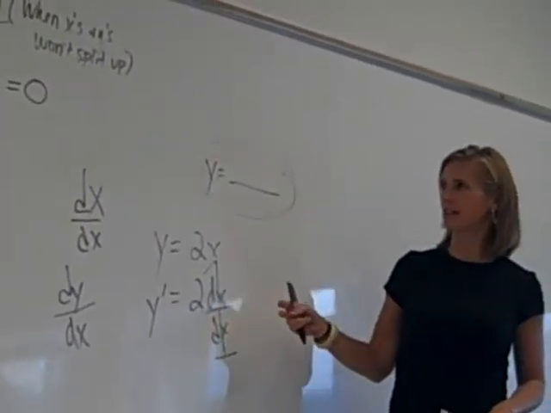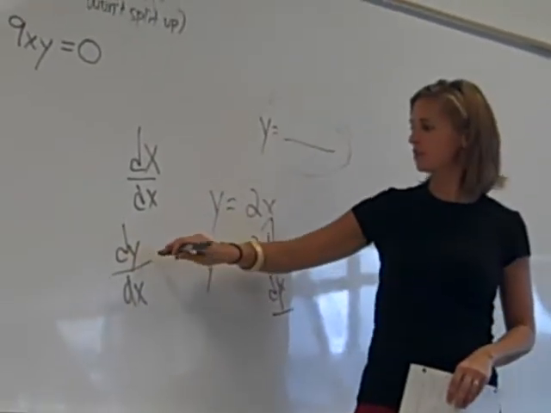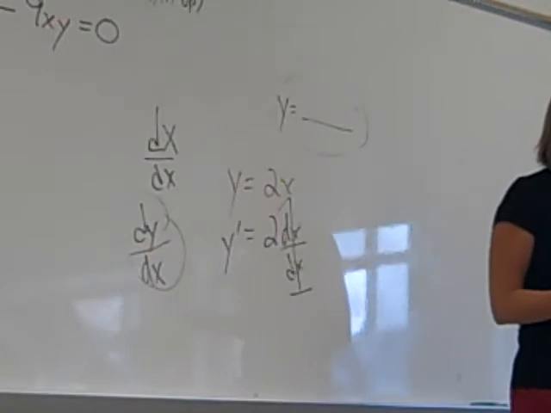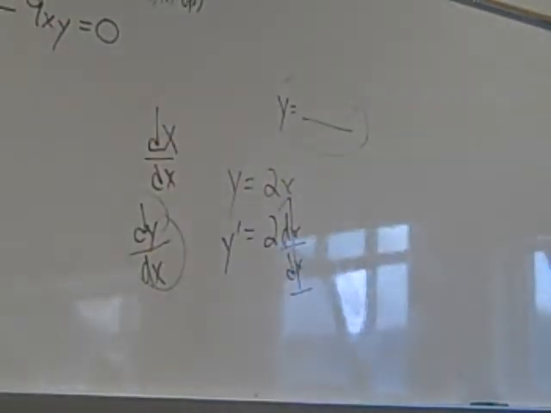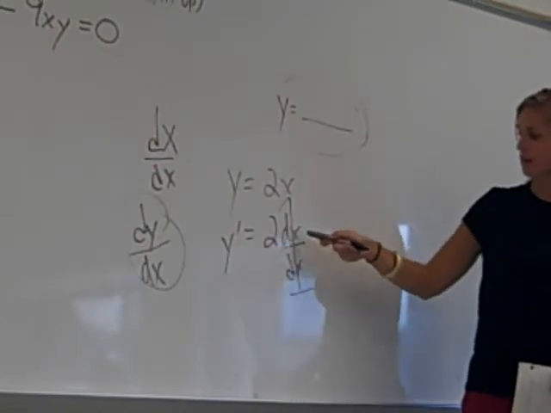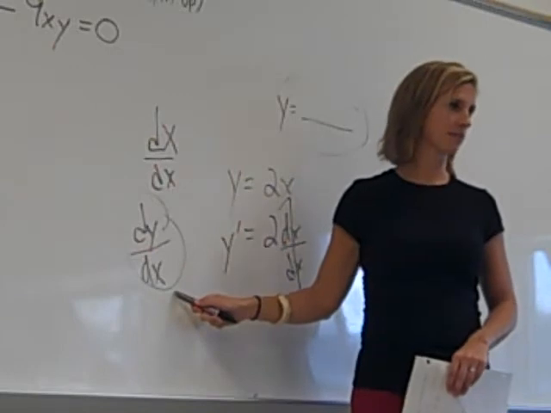But now that we're going to be taking derivatives of two separate variables within one problem, when I take the derivative of y, I'm going to chain on a dy dx, which is not equal to 1. So what dy dx and dx dx mean is, this just means the derivative of x with respect to x, and this means the derivative of y with respect to x.